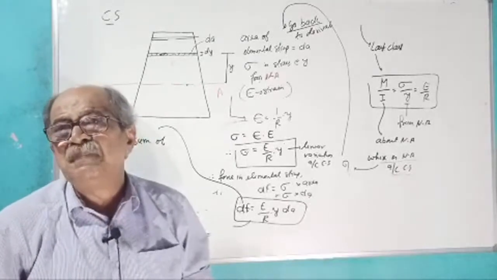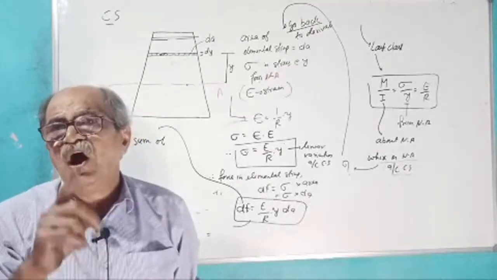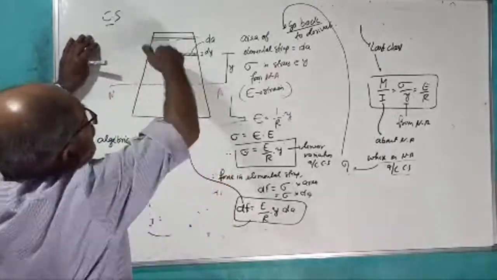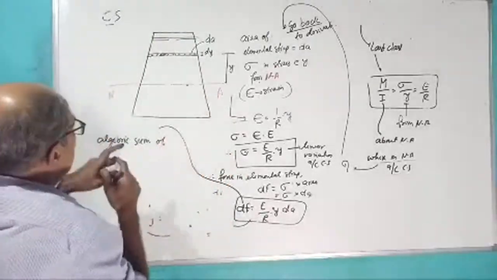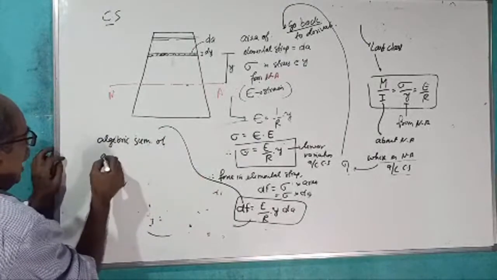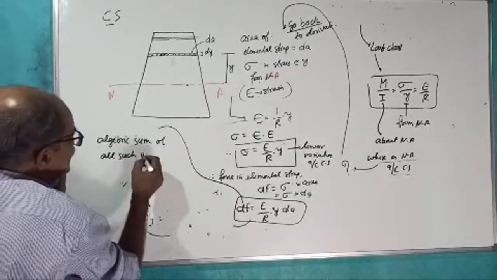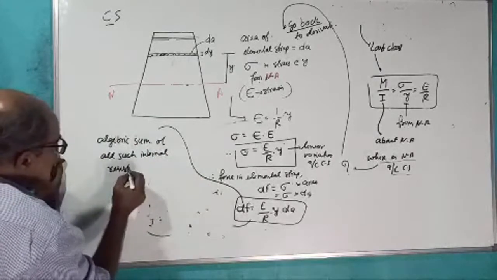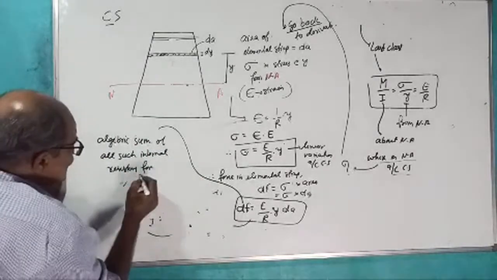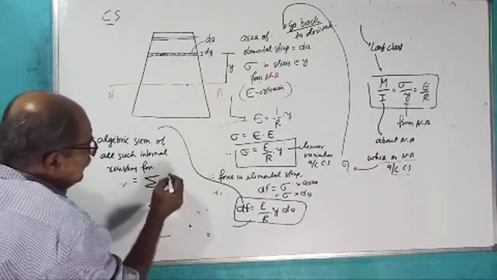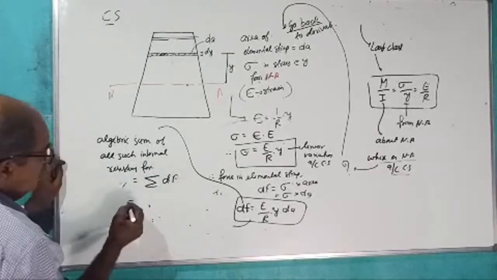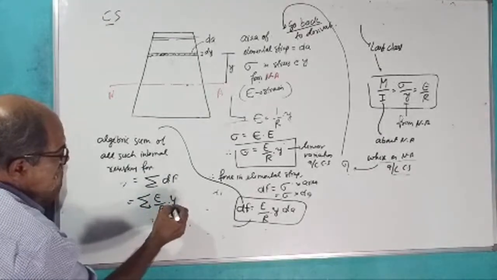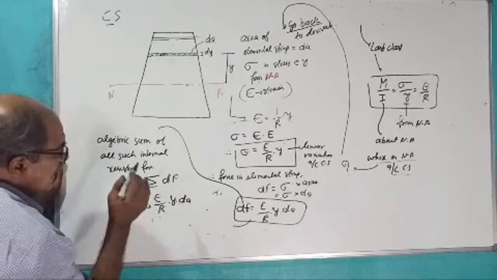When it is algebraic sum, direction or sign is required. See, some forces are this way, some forces are this way. Sum of all such internal resisting forces equal to sigma of dF equal to sigma of E by R into Y into dA is the answer.